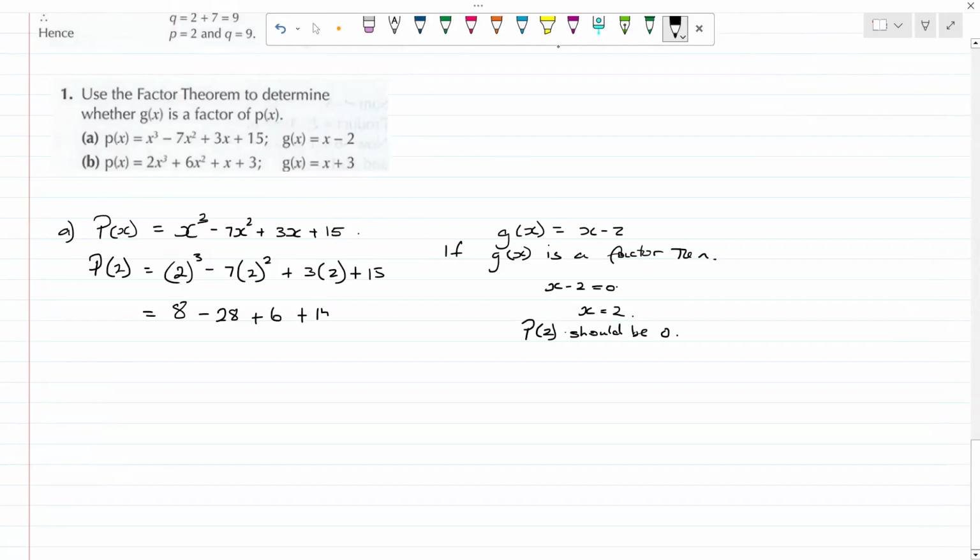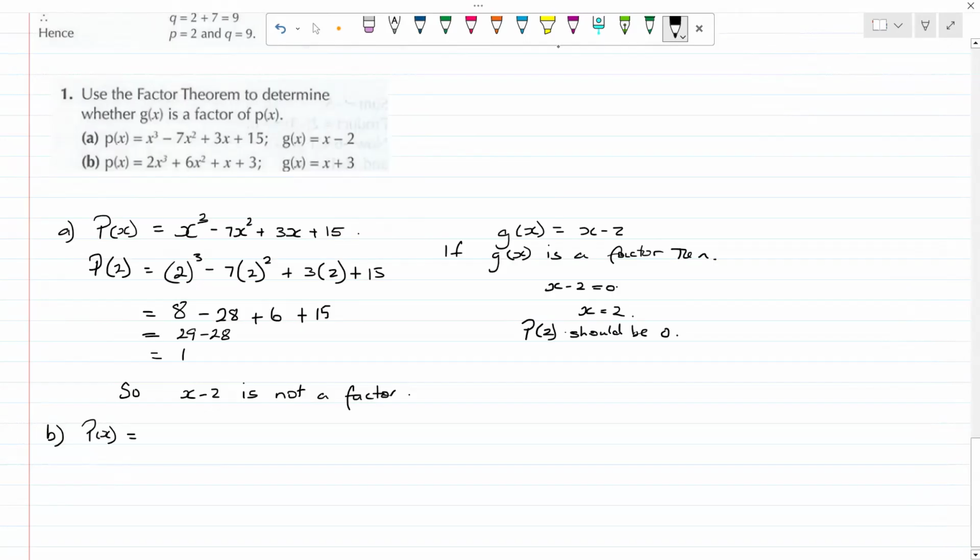And this is our 15. 6 and 8 is 14. 14 and 15 is 29. 29 minus 28 is equal to 1. So x minus 2 is not a factor.